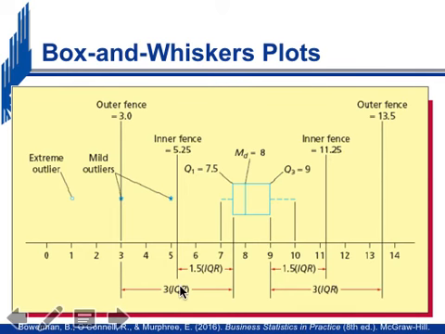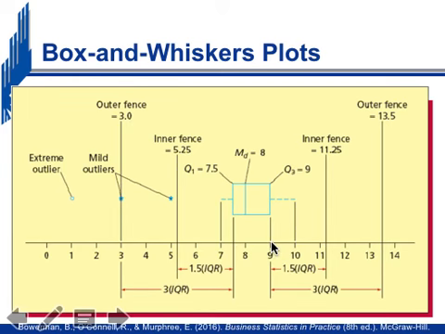Now for the outer fences, it's similar. However, we multiply the IQR by 3 instead of 1.5. So again, the IQR is 1.5. So that's 1.5 times 3 or 4.5. 4.5 is the distance of the outer fences from the first and the third quartiles. So if the first quartile is 7.5, we will subtract 4.5 from this to get the outer fence, which is 3.